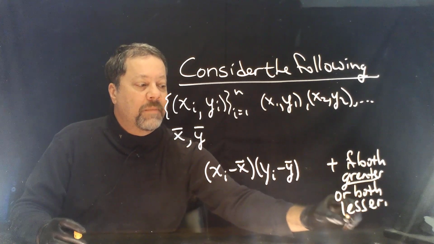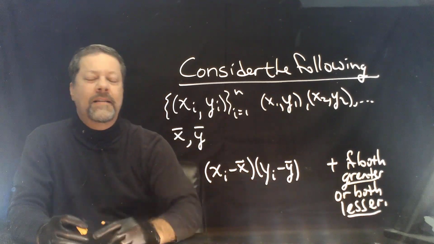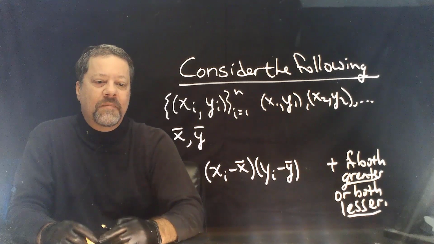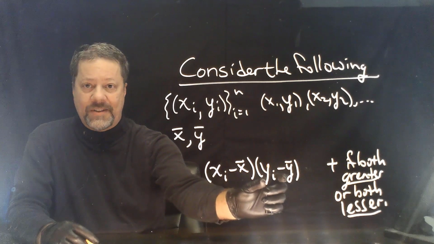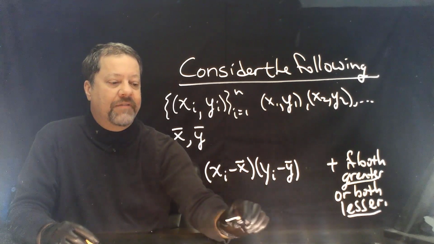If they're both greater than the mean or both lesser than the mean, this product will still be positive. However, if one of them is greater and the other one lesser, then you get a negative.